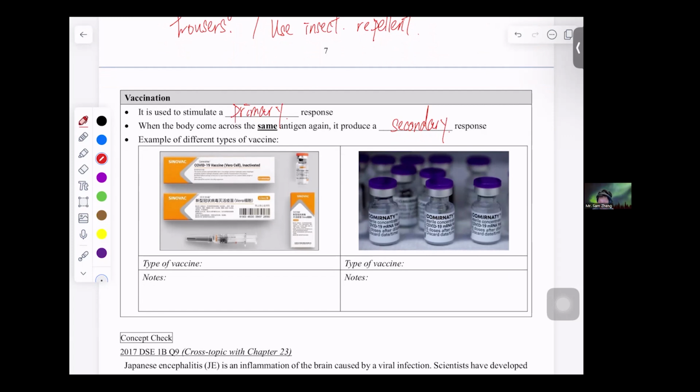Now, I would like you to do some self-study at home related to vaccination, as we will talk about it tomorrow.